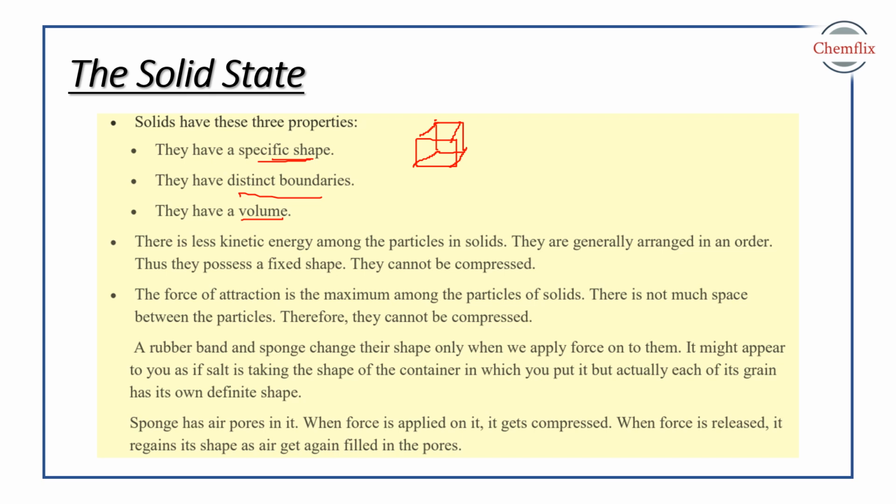But there is less kinetic energy among the particles in a solid. What do we mean by kinetic energy? As we already discussed, kinetic energy is the energy that takes place when something is moving. Kinetic energy is the reason for the movement of particles in an atom. So there is less kinetic energy among the particles in solids.